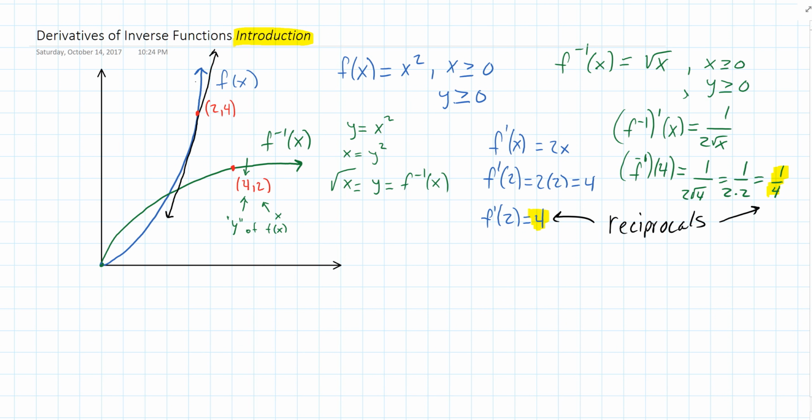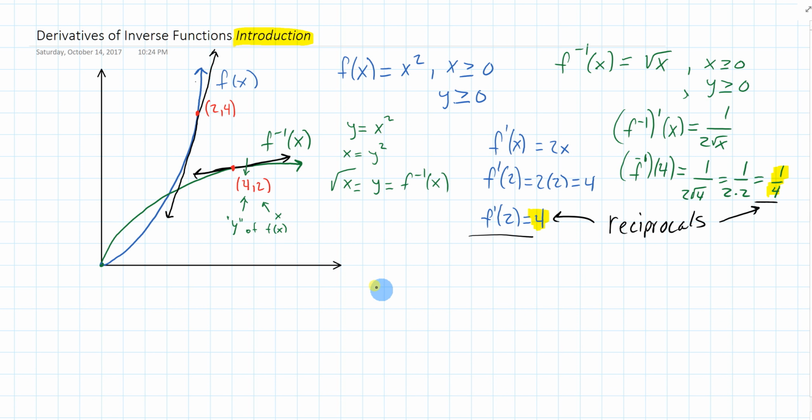So the derivative at (4, 2) for f inverse is not a steep positive slope, but a less steep positive slope. It's the reciprocal of this slope right here. So that is a relationship between the derivative of a function and the derivative of the inverse function, if you're talking about the corresponding points.